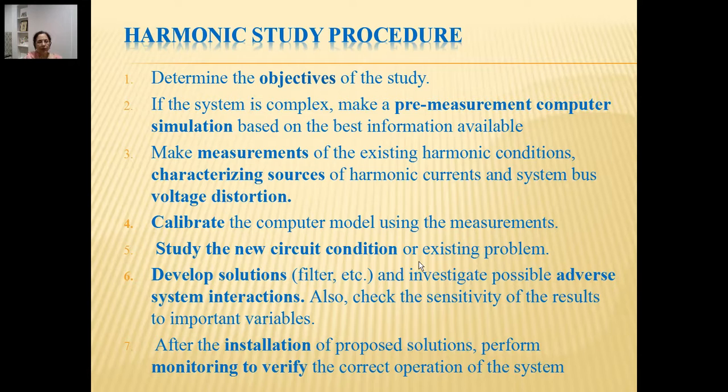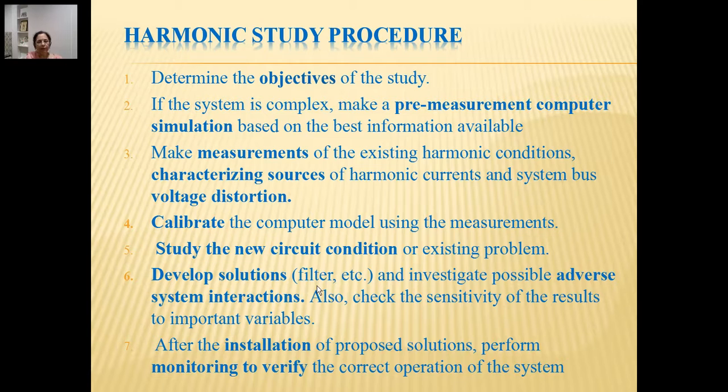Now, in case we are trying to add any component in the system, it becomes necessary that after adding this component, the circuit conditions must be checked. Develop solutions. If it is diagnosed that at a particular location a particular order of harmonic needs to be controlled, there are various solutions available, as we have already seen.